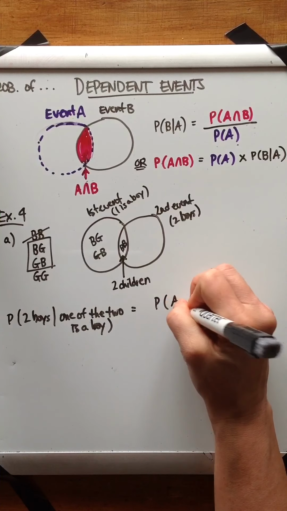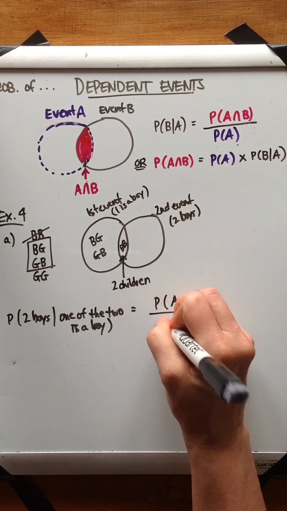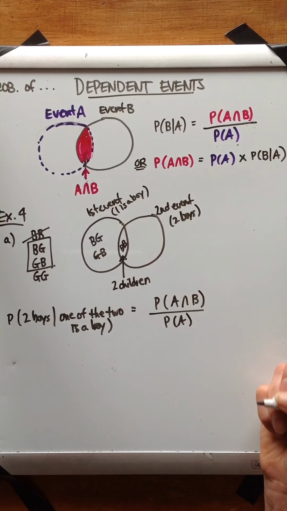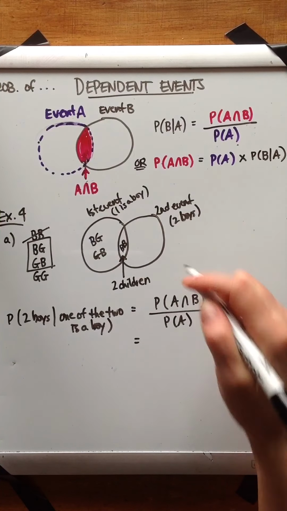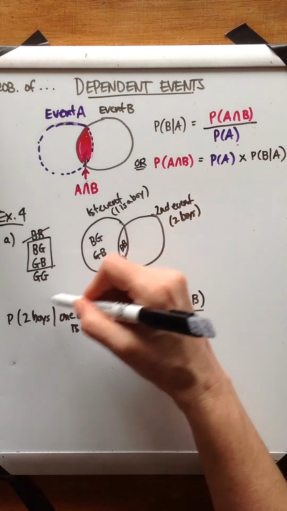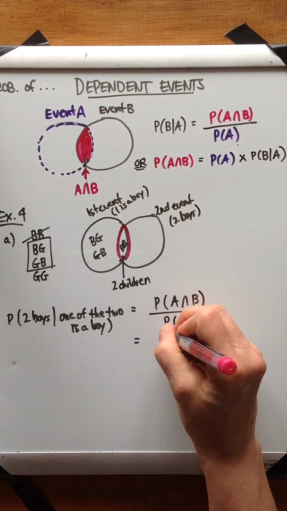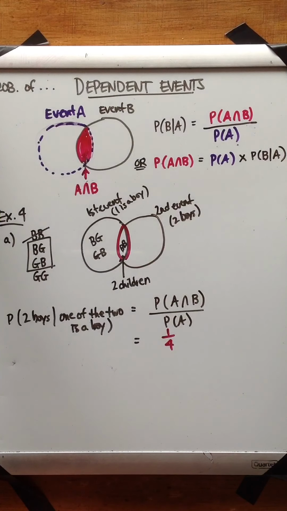I'm going to call it A intersected with B over the probability of the first event. So you can see that the probability where they intersect here is 1 out of a possible 4 altogether. I'll make that pink to show it as well. 1 out of 4 possibilities fits in the Venn diagram there.